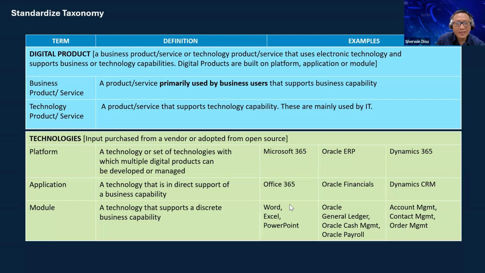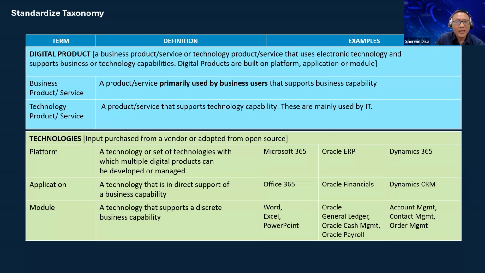Application is a technology that is in direct support of a business capability. So for example, Office 365, Oracle Financials, Dynamics CRM. How about module? A module is a technology that supports a discrete business capability. So for example, Word, Excel, PowerPoint. Under Oracle Financials, that could be your GL, cash management, or payroll. Under Dynamics CRM, that could be account management, contact management, or order management.